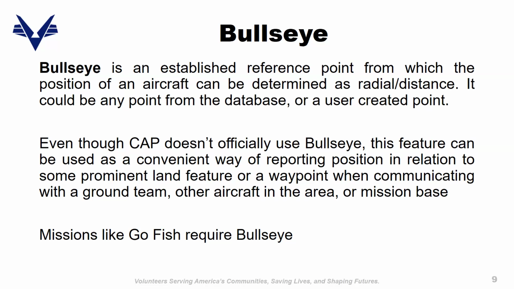southwest from that feature. Another way I personally use it a lot is that I would set an airport as bullseye, and then I always know how far I am from that airport and what my position is in relation to it, which is convenient. Let's say you're doing a search close to an airport and you're monitoring its CTAF frequency, and you hear that someone is about to take off.